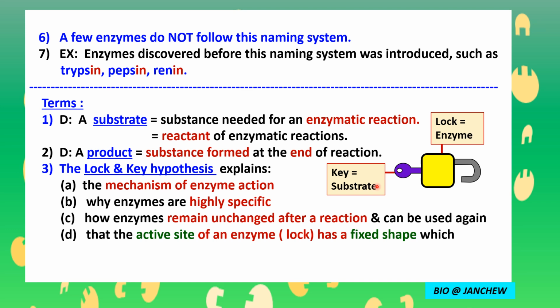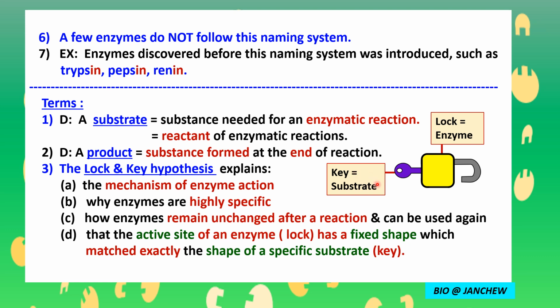It also explains that the active site of an enzyme, which is in the lock, is the lock with a hole in there to fit in the key. So the active site is a sort of depression in the enzyme, a pocket or a cleft in the enzyme. It has a fixed shape which matches exactly the shape of a specific substrate, which can be compared to a key.